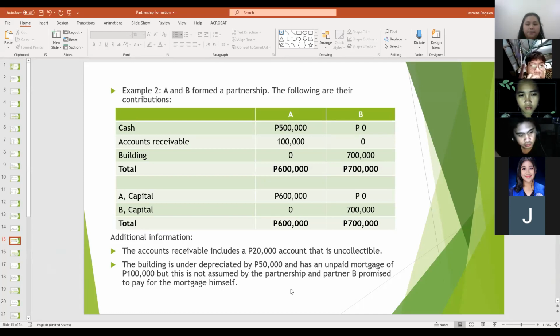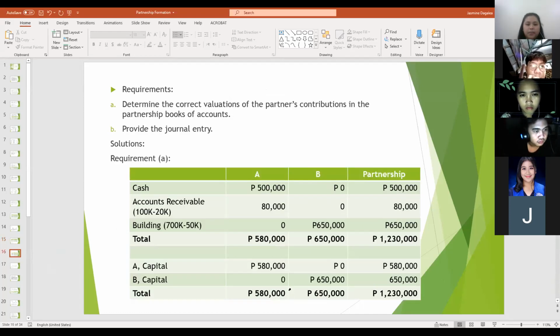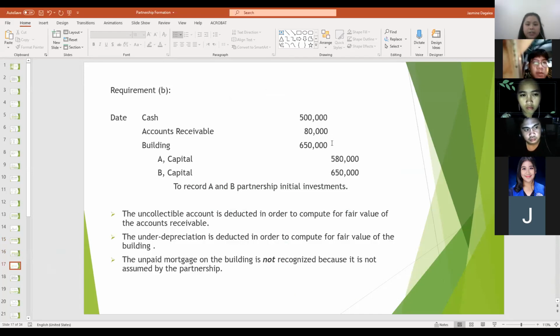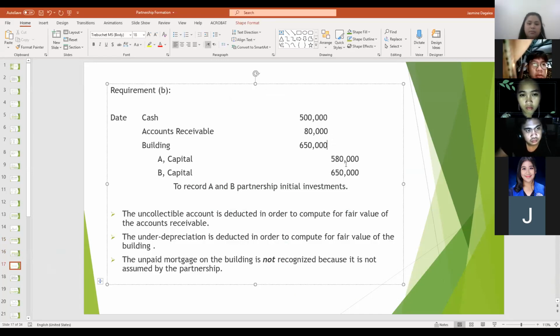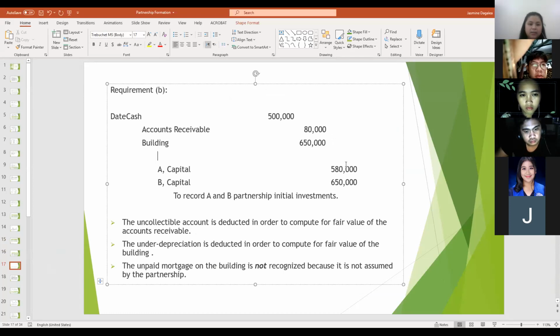Yan. Pag sinabing assumed by the partnership, magdagdag kayo ng credit, mortgage payable, 100K.